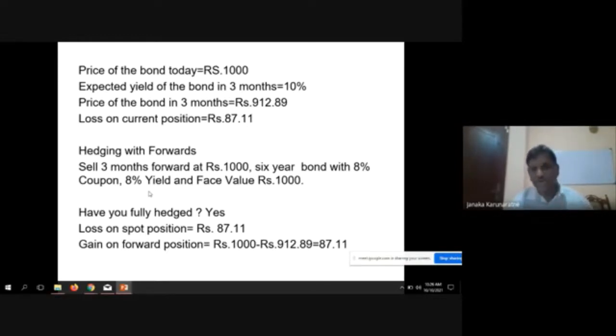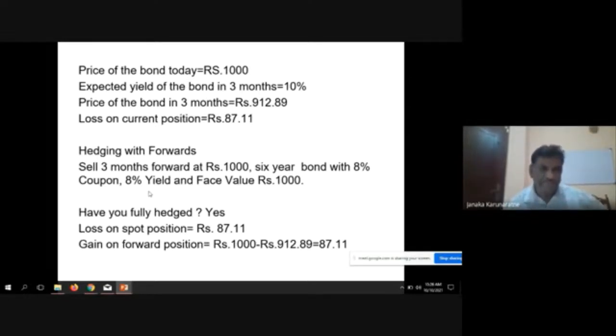So what he can do is ask the bank to offer a forward contract. The bank will quote a forward rate, a forward price, and say, okay, I will sell dollars forward to you at, let's say, 202 rupees, with a premium.